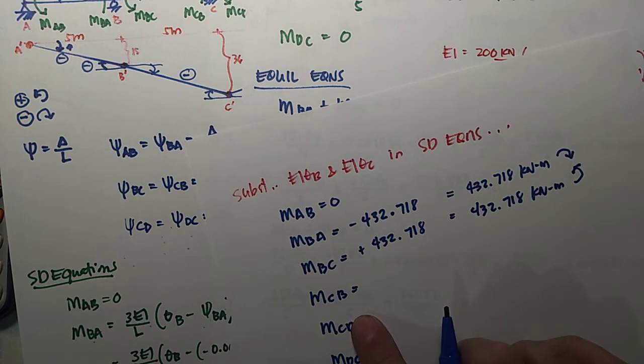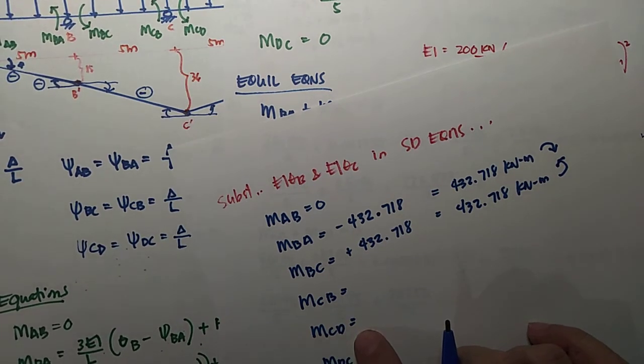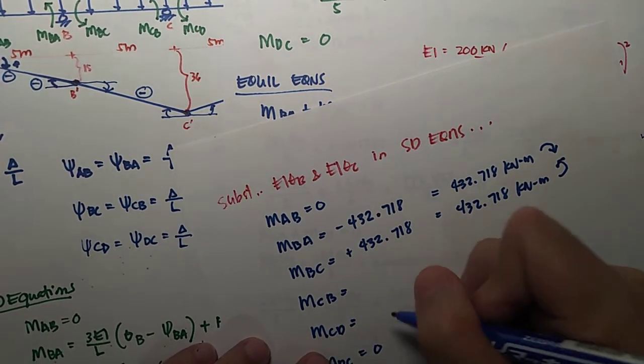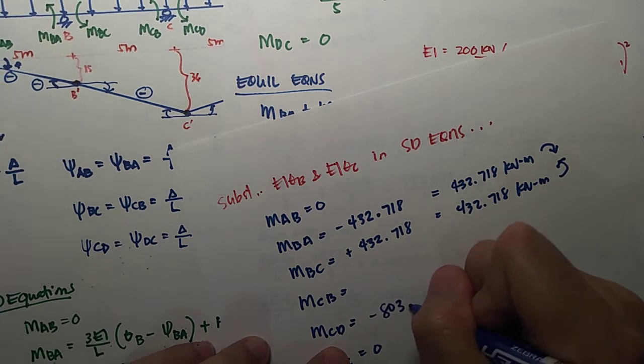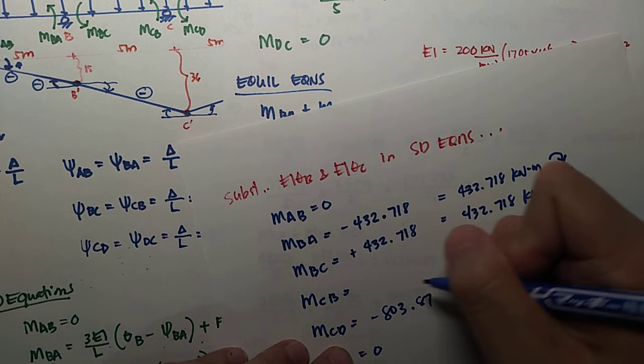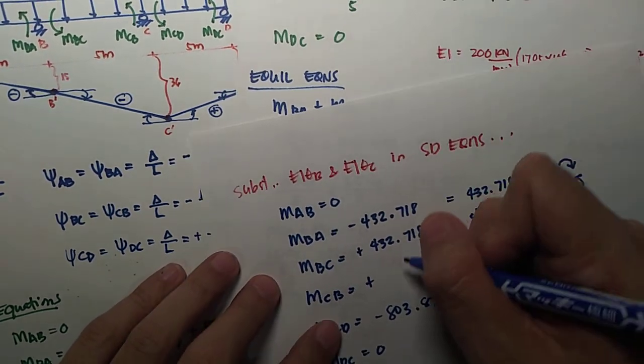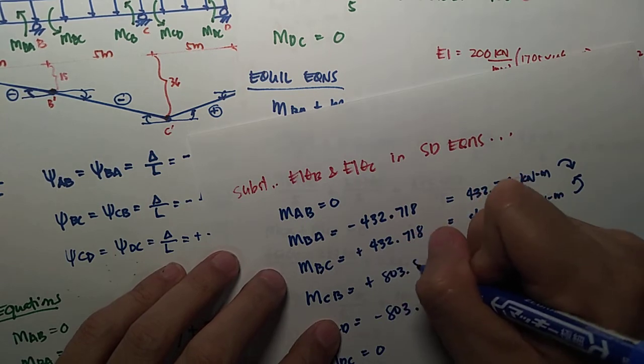CB naman, for CD it's negative 800.872. This one is positive 803.87.